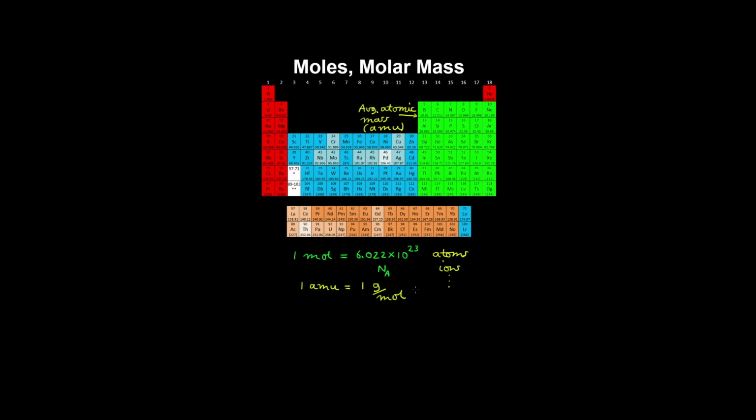This is also referred to as the molar mass. Therefore, the number of moles of a substance is equal to the mass over the molar mass. For example, you have grams in the numerator and grams per mole in the denominator, which ends up giving you moles in the numerator.